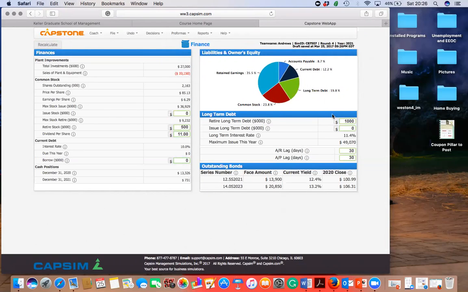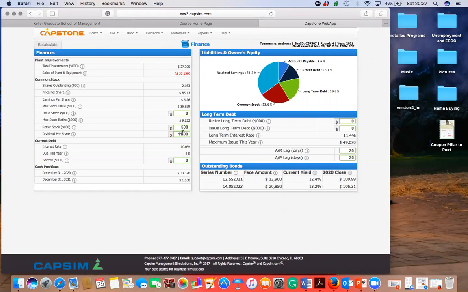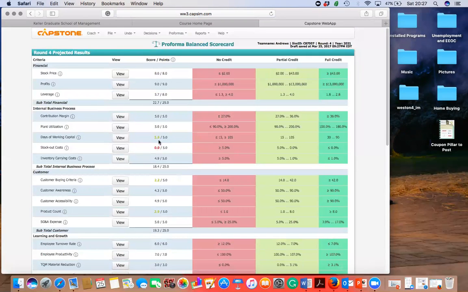How about long-term debt, retire long-term debt? Wow. $3.5.